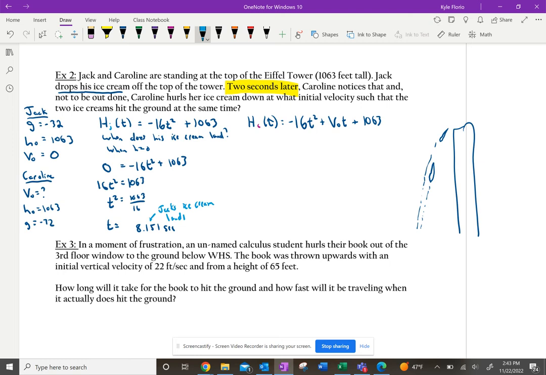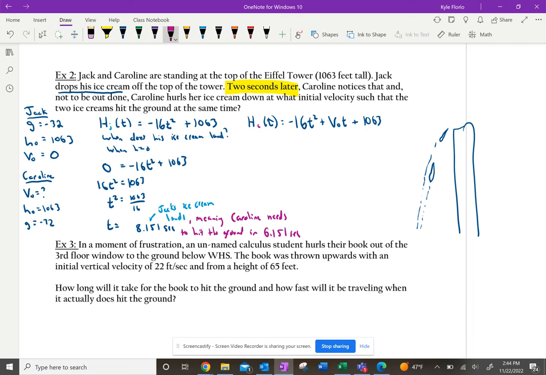So she needs her ice cream to land 2 seconds quicker, meaning Caroline needs to hit the ground. Her ice cream needs to hit the ground 2 seconds quicker, so in 6.151 seconds, right? Because she wants them to hit at the same time. Because Jack had a 2-second head start.